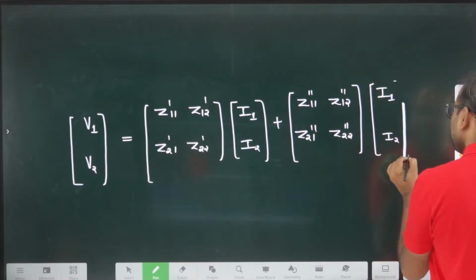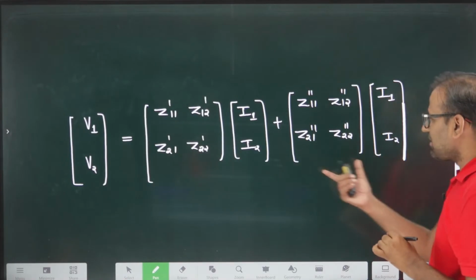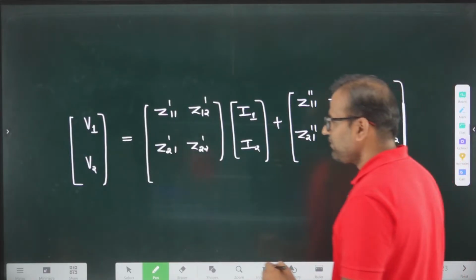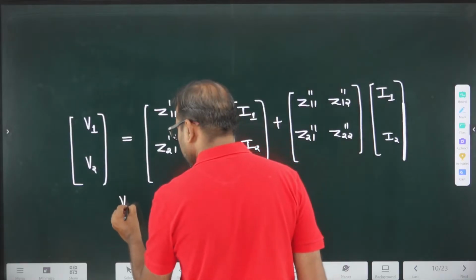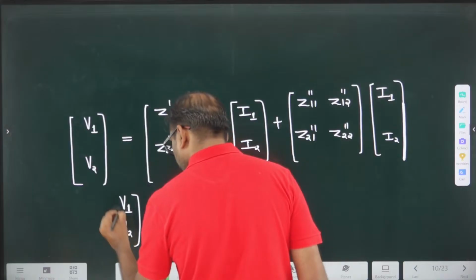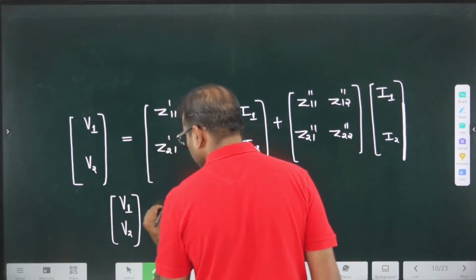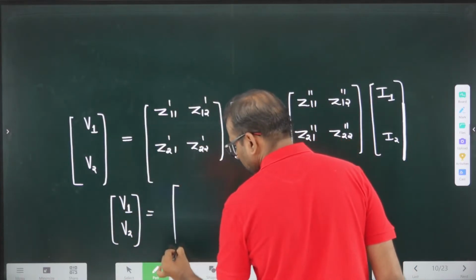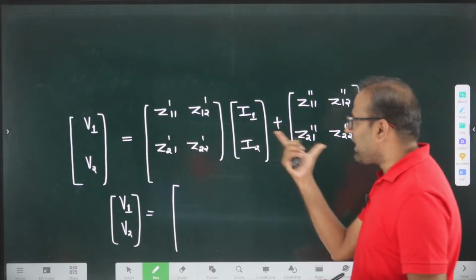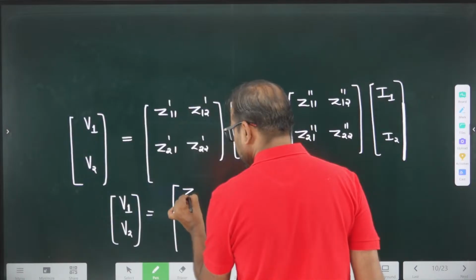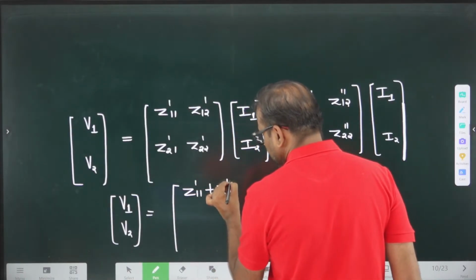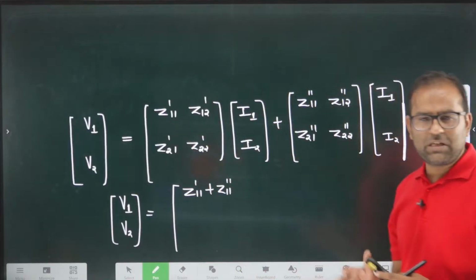From this equation what I can say, I can take this column matrix I1 I2 common. So if you write this, V1 V2 is equivalent to, if I take the I1 I2 column matrix common, you can add these 2 cross 2 matrices. So this is Z11′ plus Z11″. First element को first element से add कर दें.